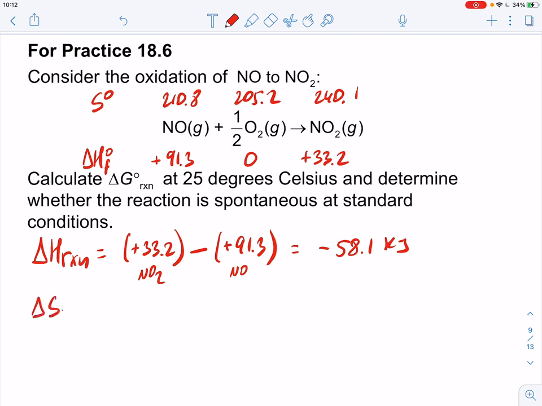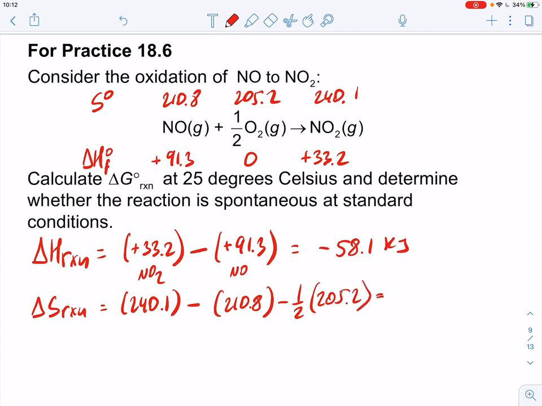Now the change in entropy for the reaction is going to be the entropy of NO2, which is 240.1, minus the entropy of nitrogen monoxide, which is 210.8, minus 1/2 the entropy of oxygen, which is 205.2. And this is minus 73.3 joules per Kelvin, which is the same as minus 0.0733 kilojoules per Kelvin.